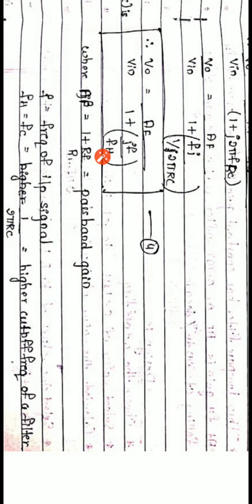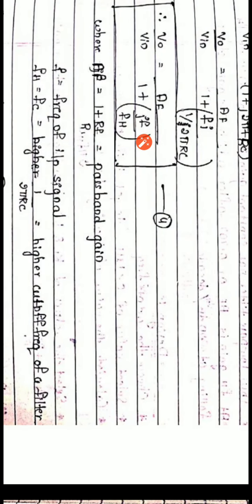If I apply the magnitude here, we take a square root of 1 plus j of F by FH, whole square. That is the square of 1 and the square of this term. As you know, j square is nothing but minus 1. Here we have taken a magnitude, so the minus sign is eliminated and it becomes 1. Then 1 square is 1 itself, and F by FH whole square remains as it is.